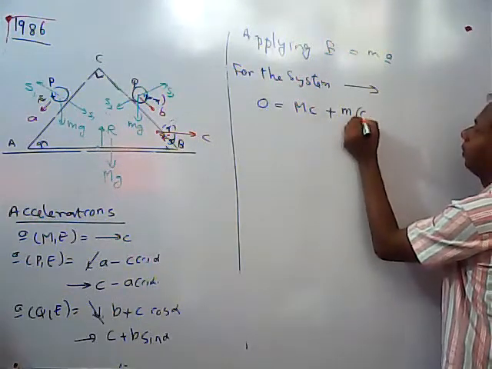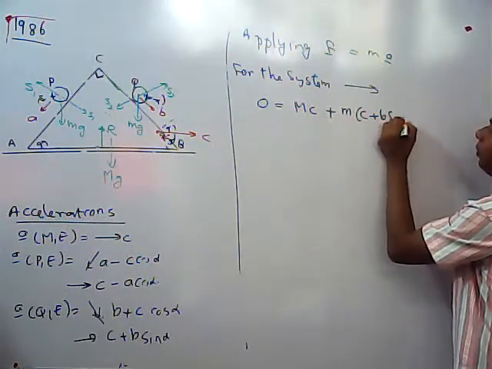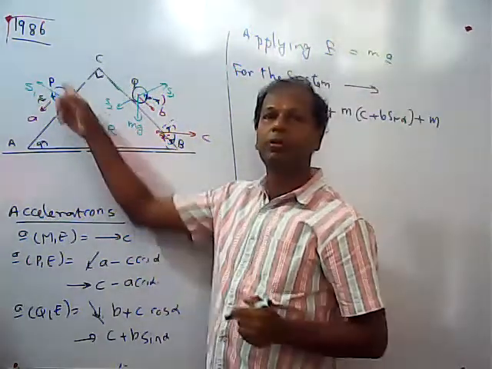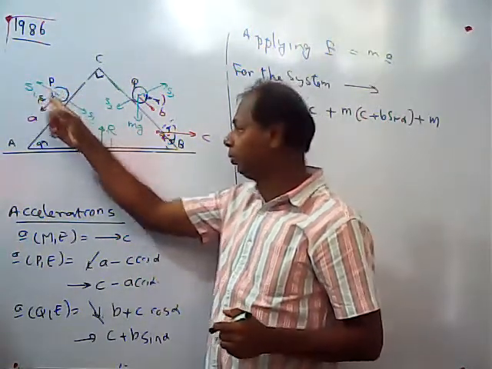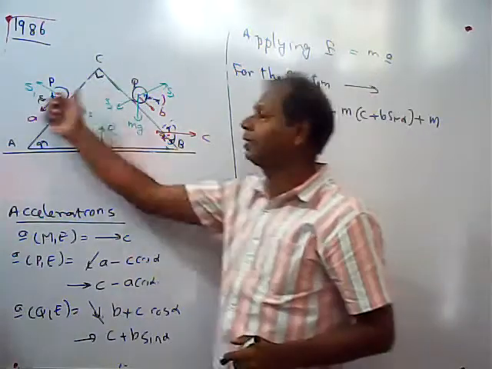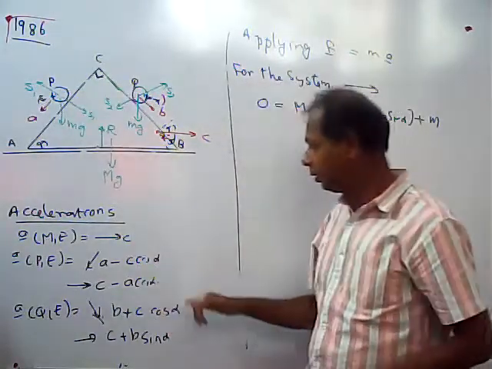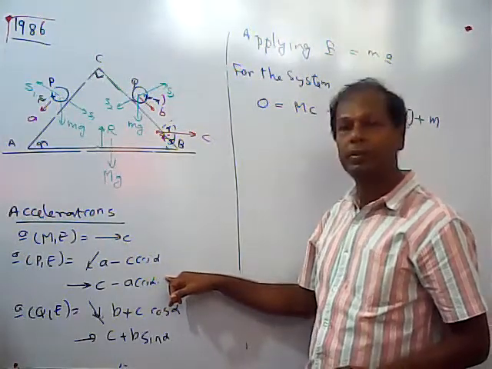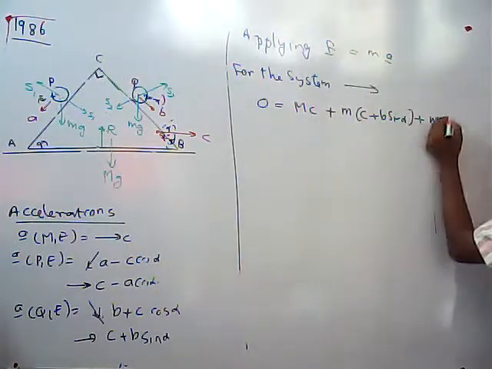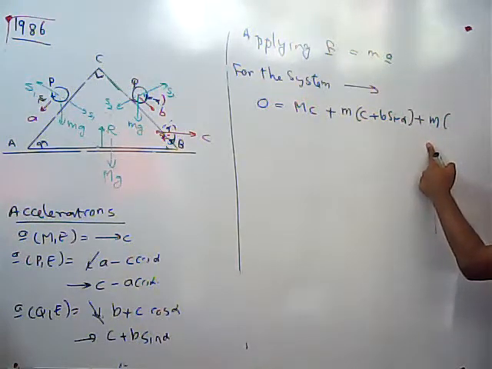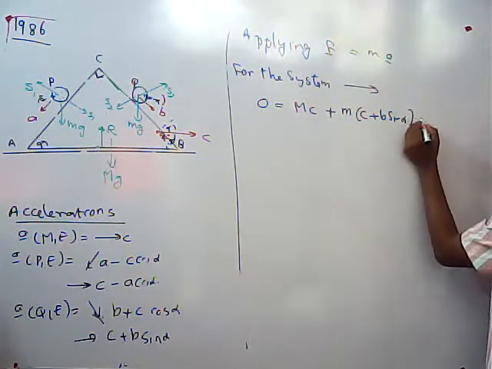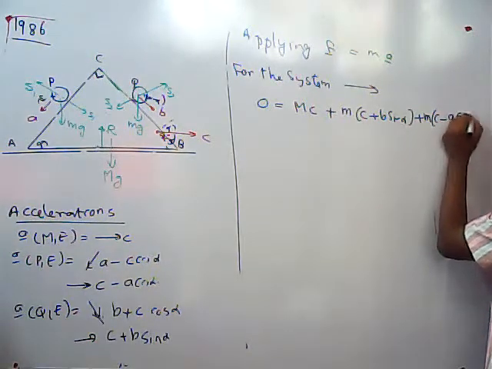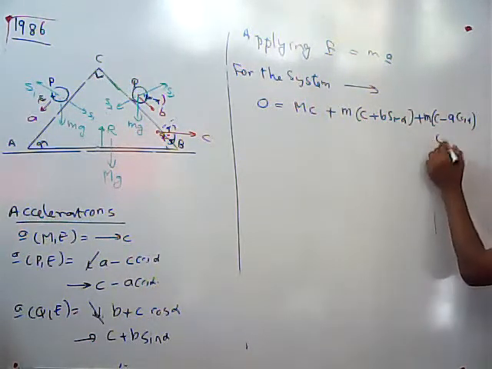This for particle Q, plus particle P, m times its acceleration in this direction, we have written it earlier, c minus a cos alpha.